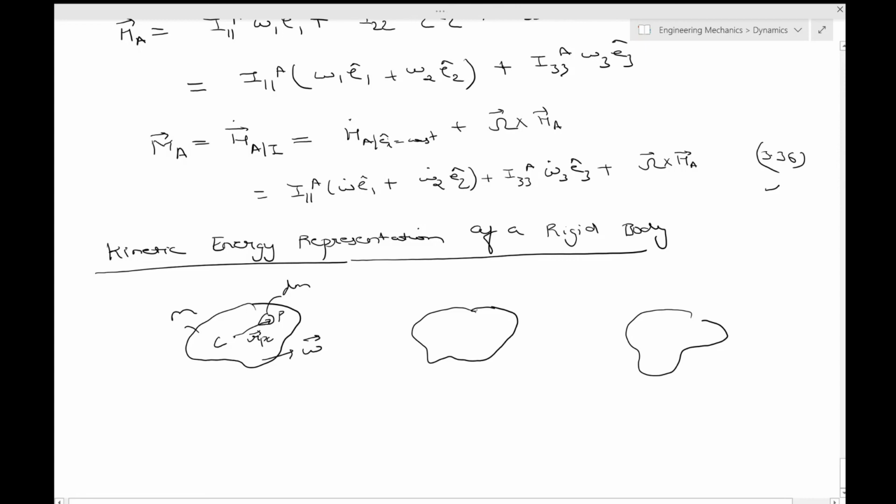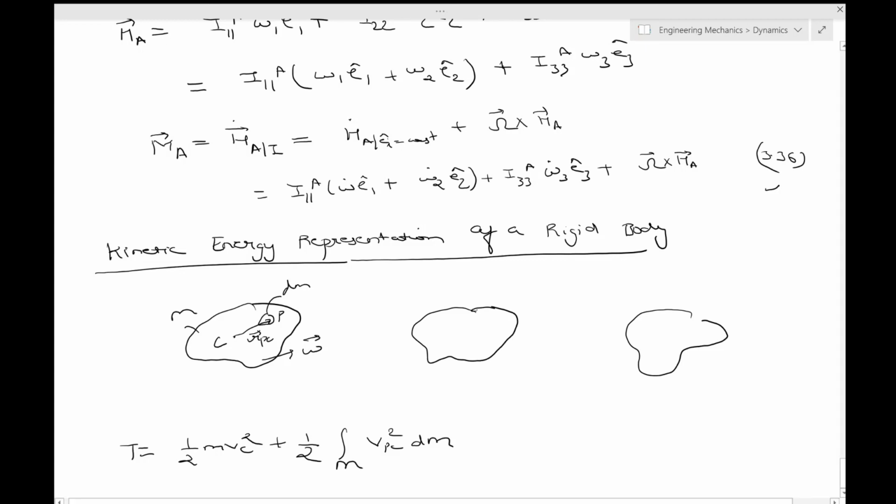Now we have shown before that T is equal to half m vc square plus half integral of vpc square dm. This was long back, when we were discussing force axioms and force systems.